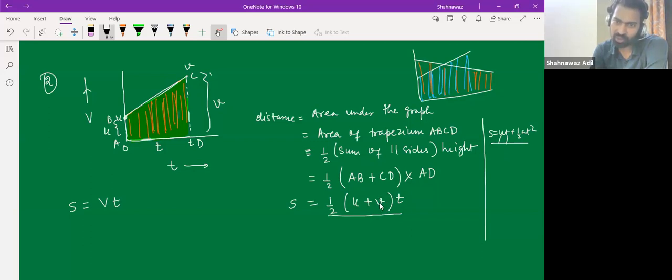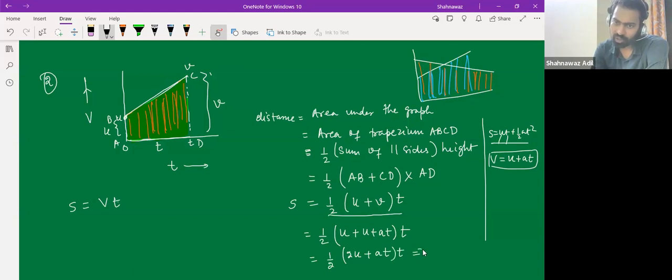So we have to remove this, and we know the first equation, so from here we can remove v. So this would be half, and this is u plus at into t. So this is half into 2u plus at, into t.